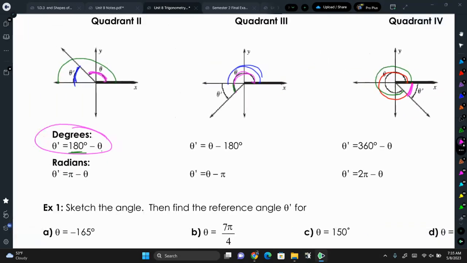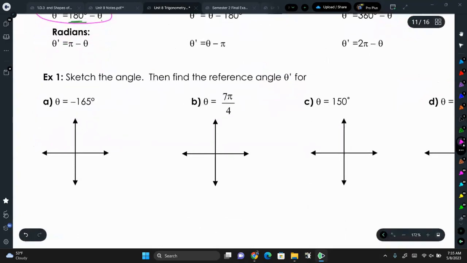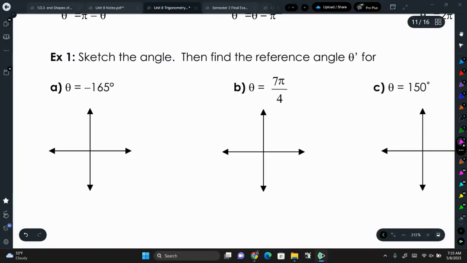So if we look down here, we're going to sketch the angle, then find the corresponding reference angle for theta. So negative 165 degrees. Remember, negative degrees go clockwise. Negative 165 is almost negative 180, so it's going to be close to our x-axis, and it's going to go this way. This will be theta.